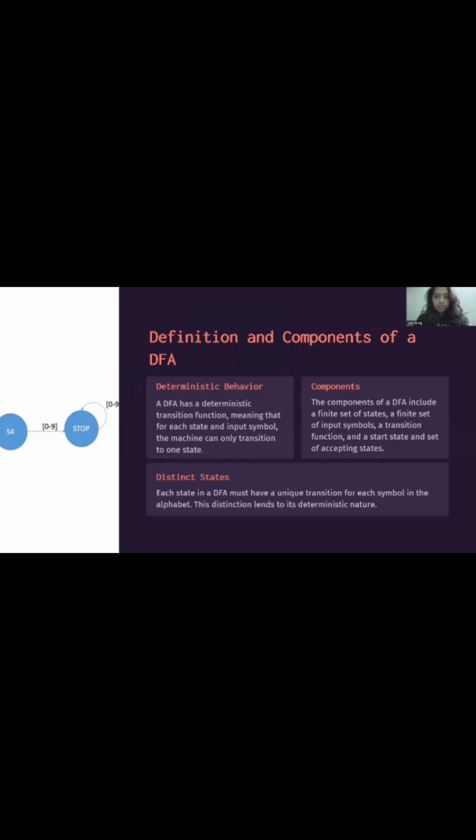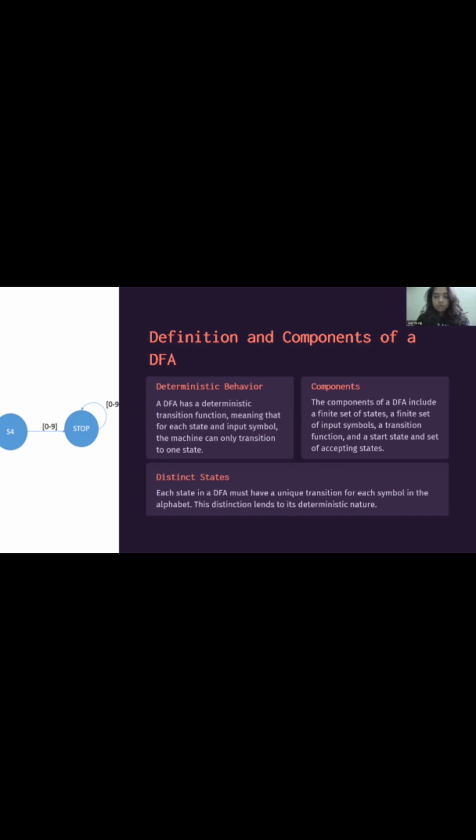Definition and components of DFA. Deterministic behavior. The DFA has a deterministic transition function, meaning that for each state and input symbol, the machine can only transition to one state. Components.